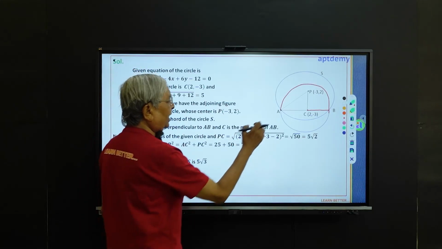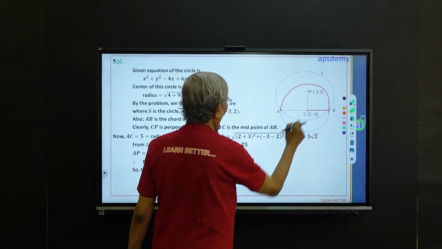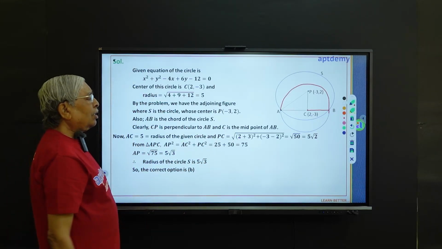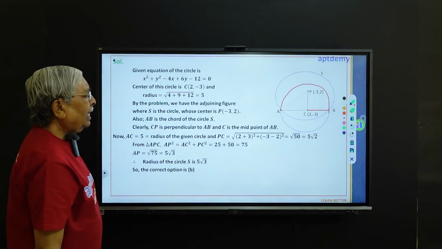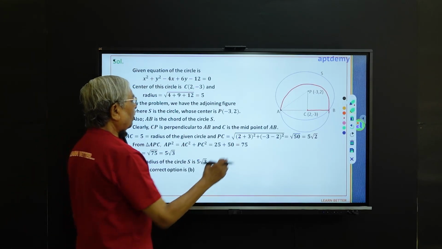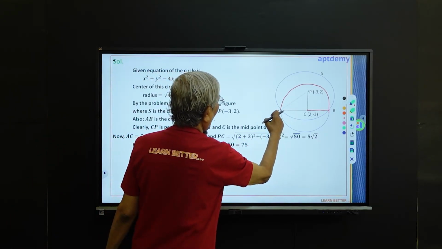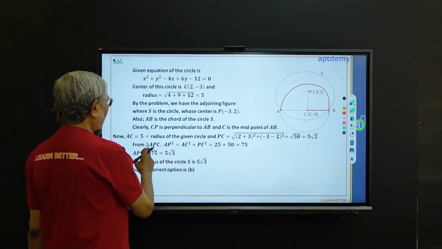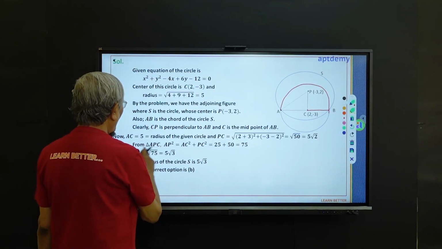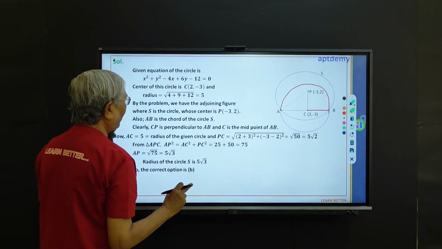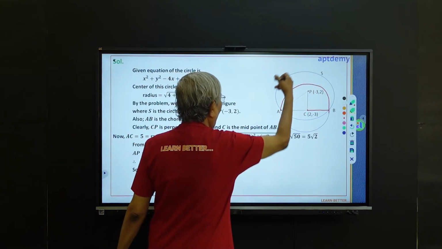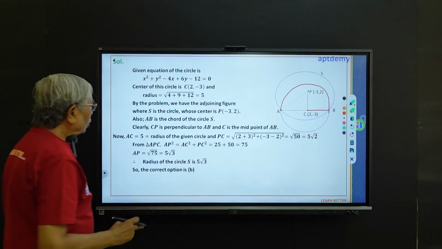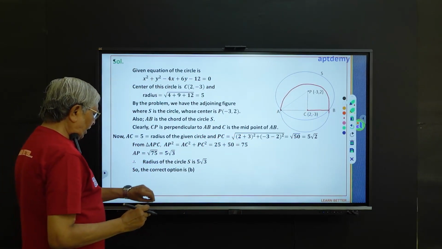Next you have to find PC, that is the distance between these 2 points. So root over x1 minus x2 whole square plus y1 minus y2 whole square, that is 5 root 2. So from this diagram, AP square is equal to AC square plus PC square, that is AP square is equal to 75. So AP is equal to root over 75. So the radius of the circle S, that is AP, is equal to 5 root 3. So the correct option is B.